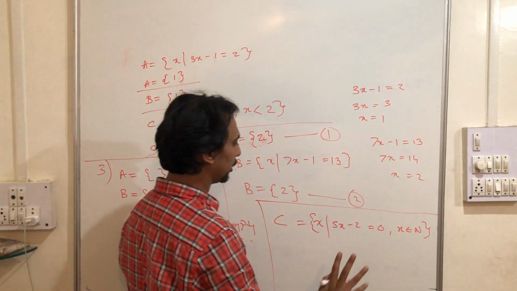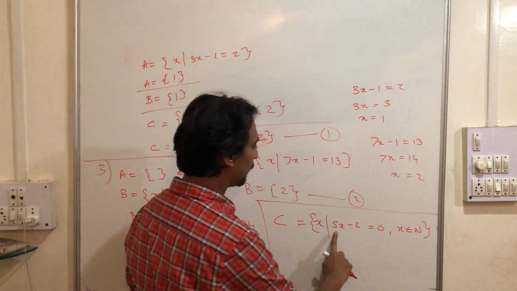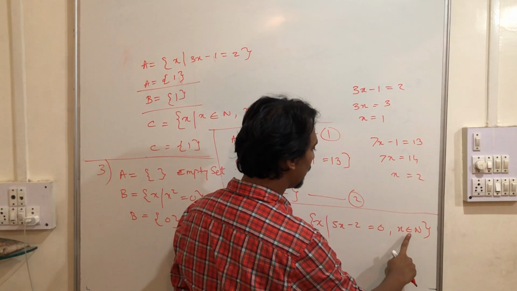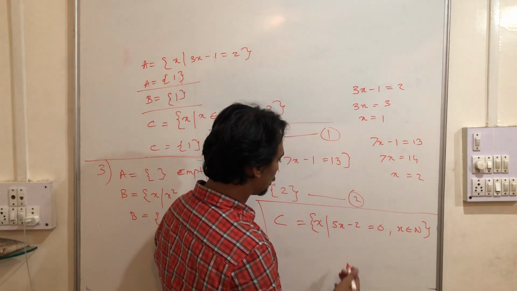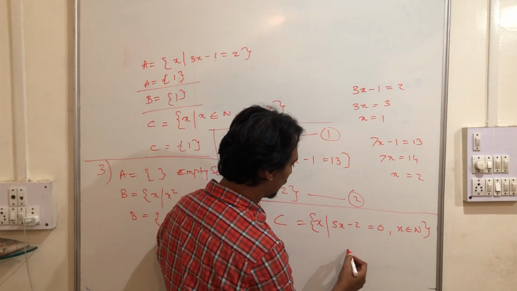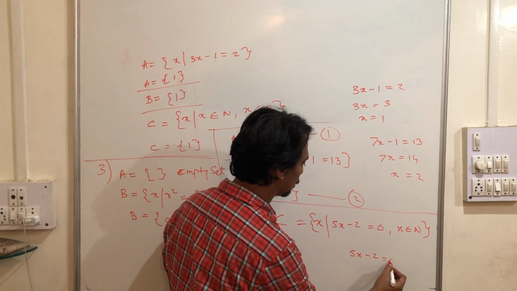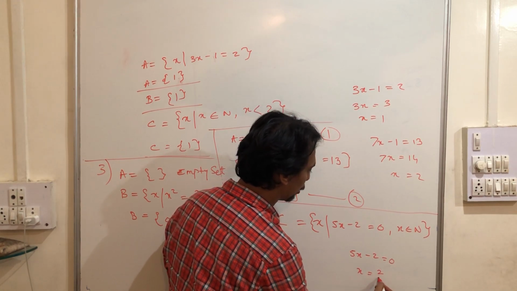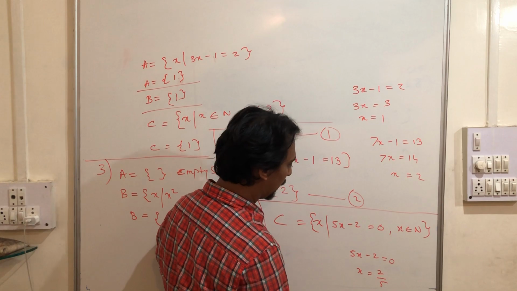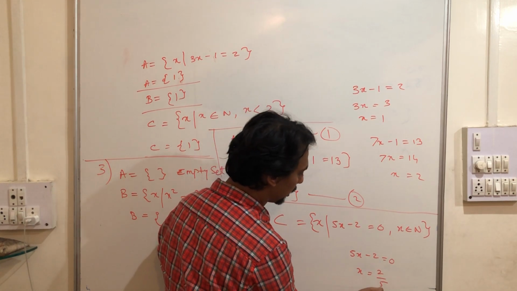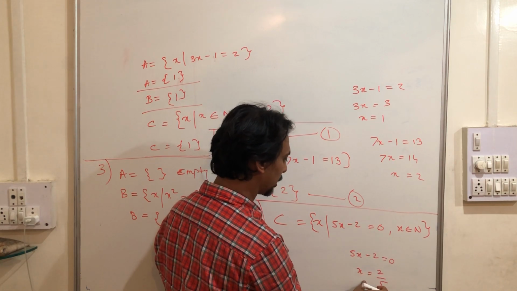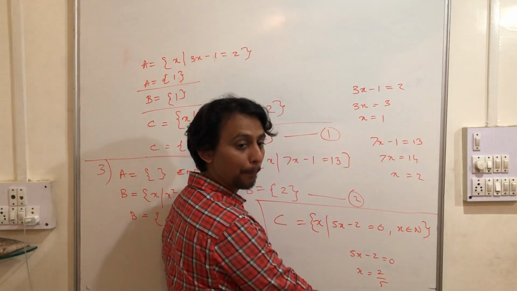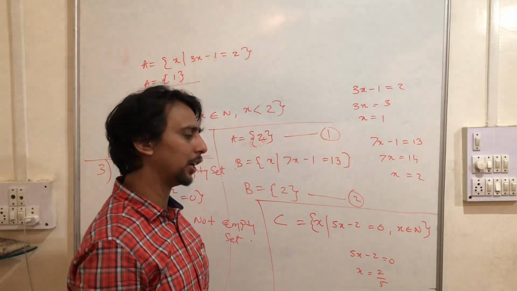Now see carefully, they have given us two conditions, 5x minus 2 is 0 and x belongs to natural numbers. So if we solve 5x minus 2 equal to 0, what do we get? 5x minus 2 equal to 0, x is equal to 2 upon 5. This came, but is this a natural number? No, this condition is getting satisfied if x is 2 upon 5, but this condition is not getting satisfied.